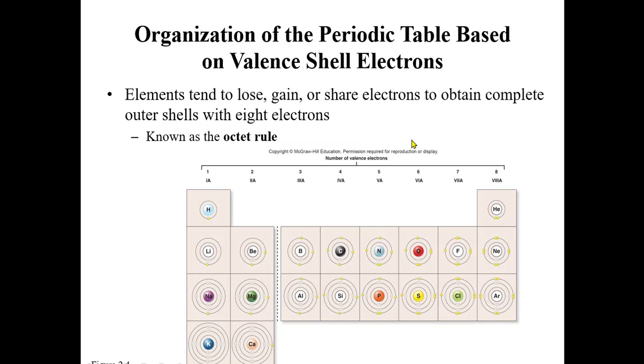Now, why that's important is because a lot of it has to do with the losing, the gaining, or the sharing of electrons. That's how elements are put together. Elements are put together by either losing, gaining, or sharing electrons. Okay, next slide.